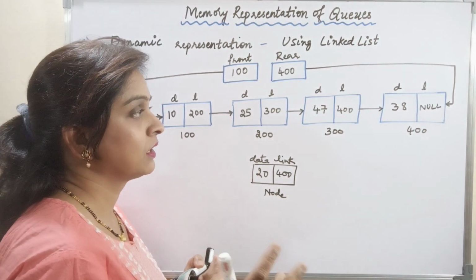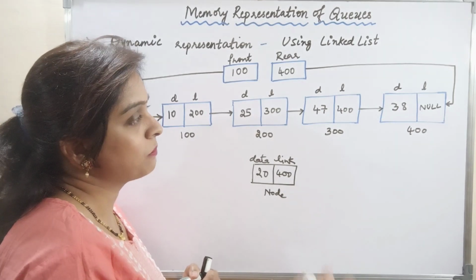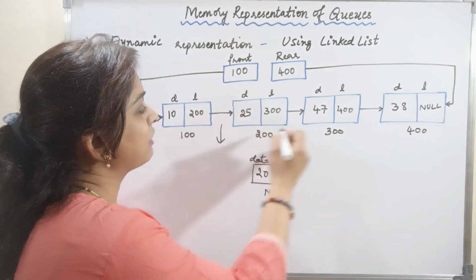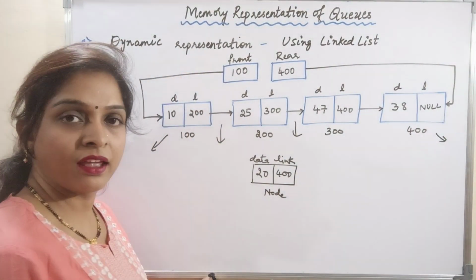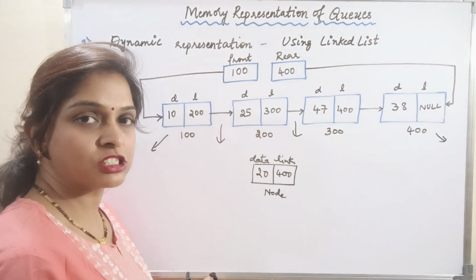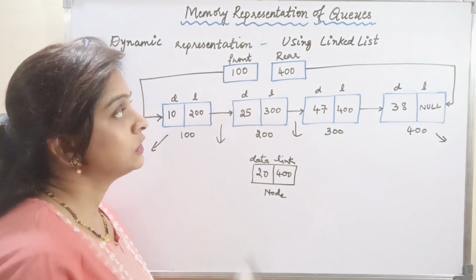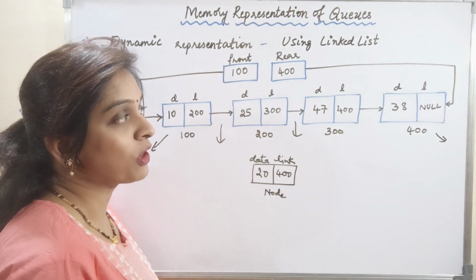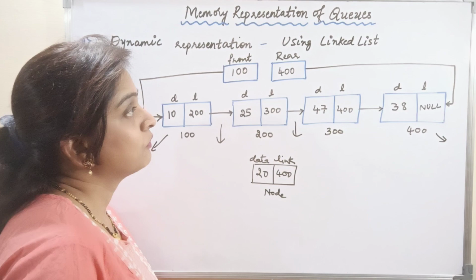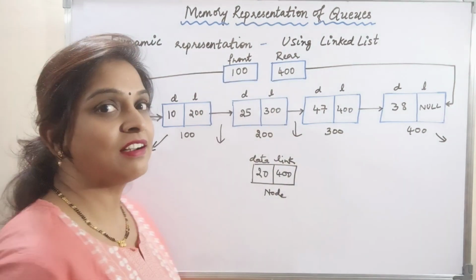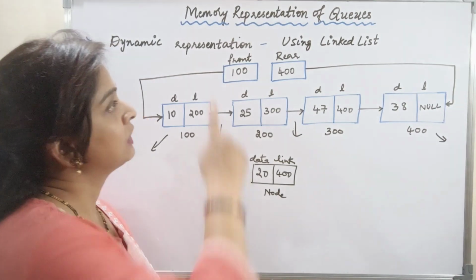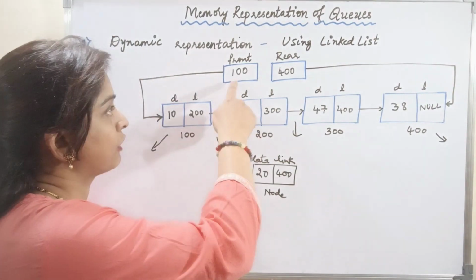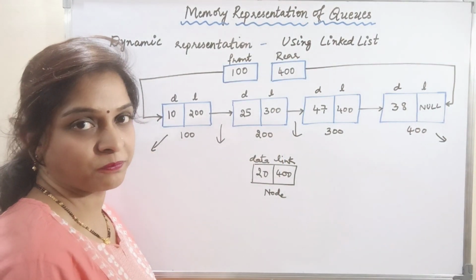So in this flow, I can establish the link, I can insert a node anywhere in between, at the beginning or at the ending, with the help of two pointers, front pointer and rear pointer. How we are going to deal with those pointers, we have to see only when we understand the linked list. So this is the structure that you should know with respect to queues: front pointer and rear pointer.